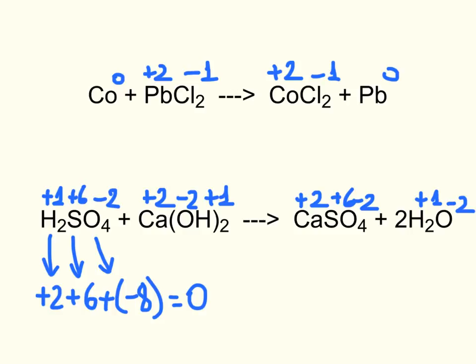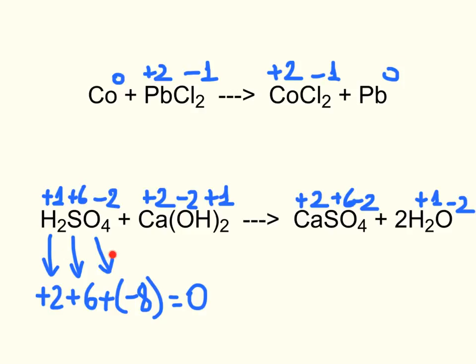I want you to understand that not all reactions are redox reactions. This one can be classified as redox reaction because we can see the change in the oxidation number. The cobalt used to have oxidation number 0, and over here it has oxidation number plus 2, so it lost electrons. The lead that used to have charge plus 2 gained those 2 electrons and became the lead with the oxidation number 0.